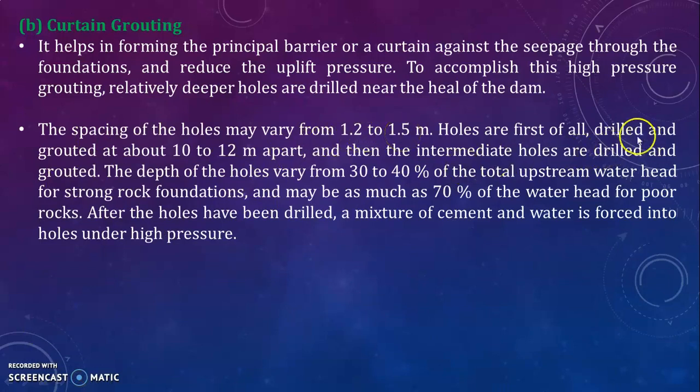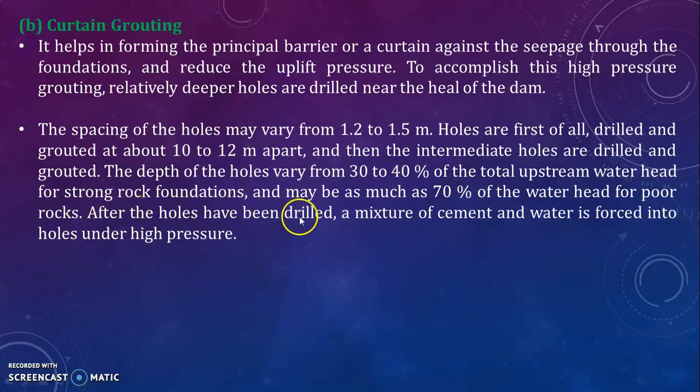Holes are first of all drilled and grouted at about 10 to 12 meters apart, and then the intermediate holes are drilled and grouted. The depth of the holes varies from 30 to 40% of the total upstream water head for strong rock foundation and may be as much as 70% of the water head for poor rocks.